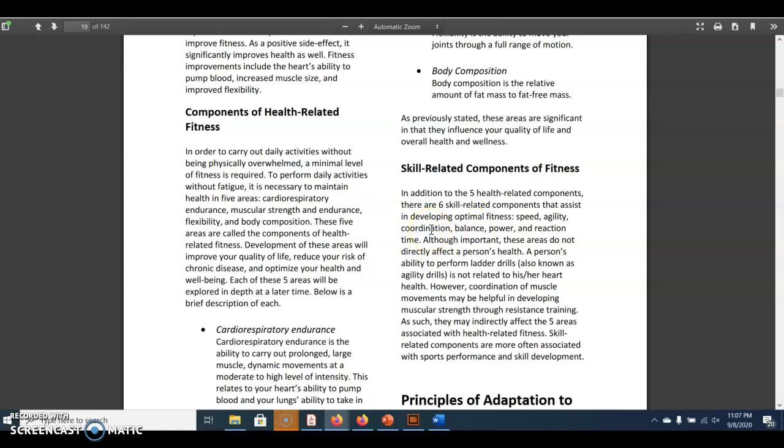Coordination. Coordination is your ability to move through a motion fluidly and with strength. So it's a mobility sort of issue, and coordination is vital to general motion and movement. I'm sure you've sat in a position for a long period of time and you get up and your body's really stiff and it doesn't move right.